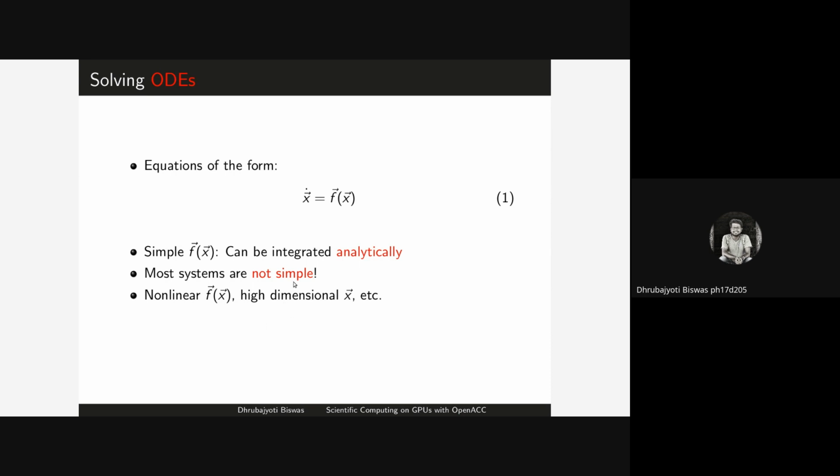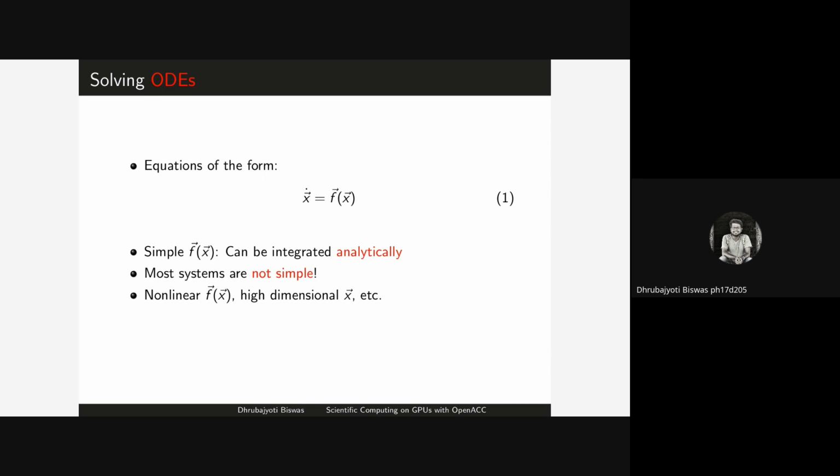The other more important point is it could be high dimensional. X could not be a single variable; X could be a vector, like a vector consisting of some 100 variables. There are systems which are described using 50 state variables, 100 state variables, 10 state variables.